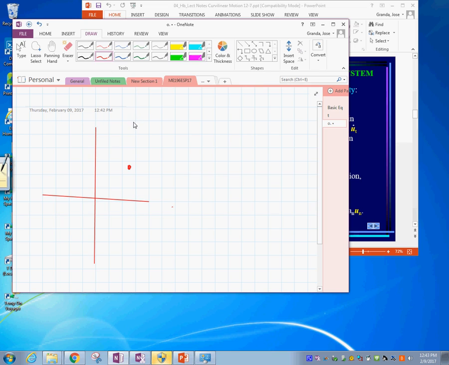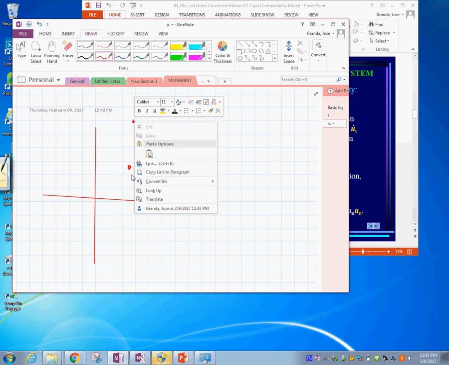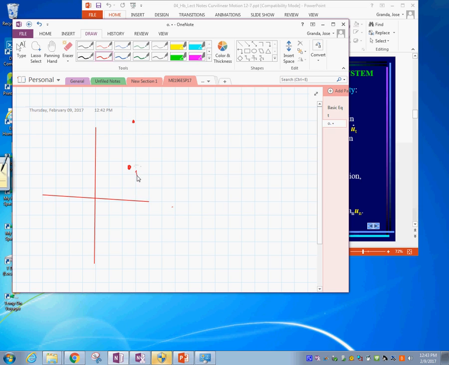But the particle also has a new point. So this is point 1, and this is point 2. If you look at the vector that joins both of these, and you say, okay, this vector is like this.